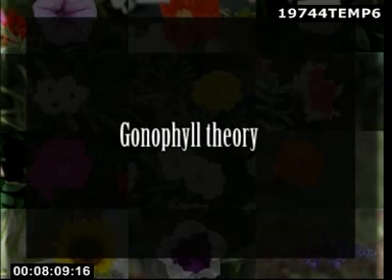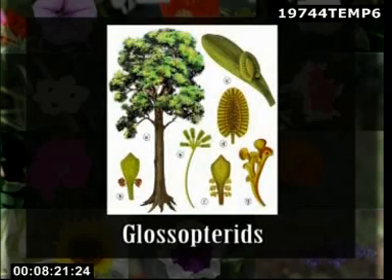Another theory is the Gonophyll theory. Ronald Melville was the main proponent of the Gonophyll theory, according to which the flowering plants evolved from glossopterids of Mesozoic Gondwana. Together with Voltzialean conifers, gigantopterids and glossopterids are probably the best known fossil seed plant groups of arid, sparsely vegetated Pangean biomes of the Permian period.